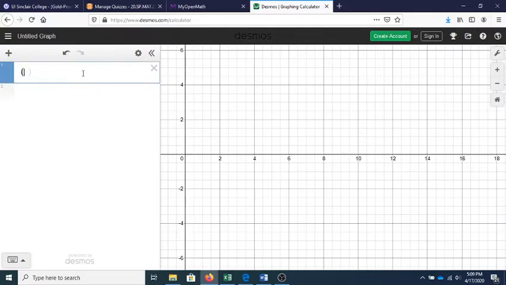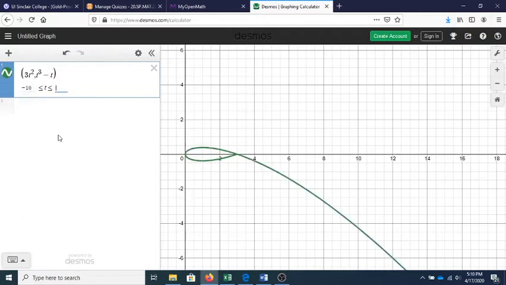We want to see what it looks like when x is 3t squared and y is t cubed minus t. Now don't forget, it defaults to 0 to 1. Let's do like negative 10 to 10. That should give us a pretty good picture.